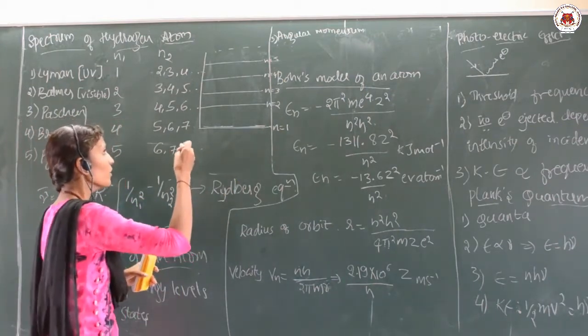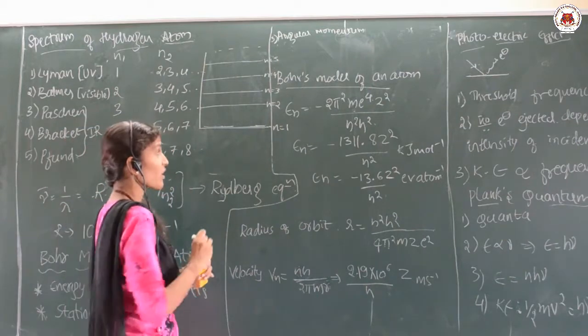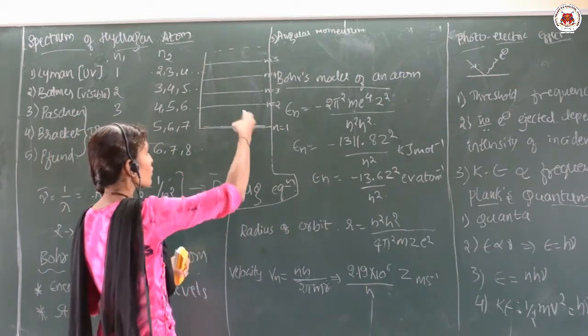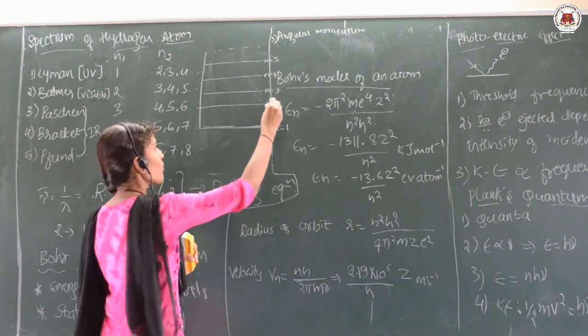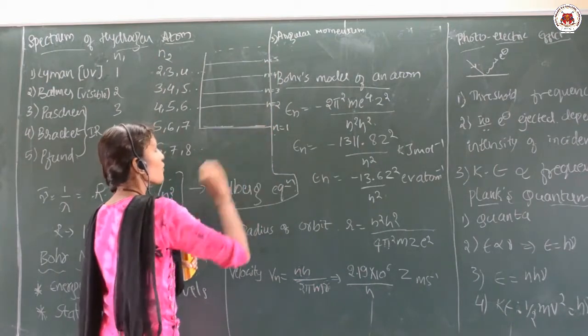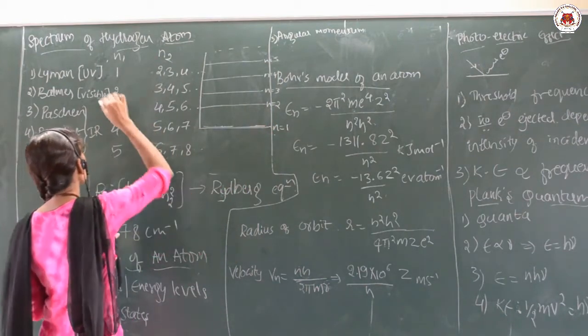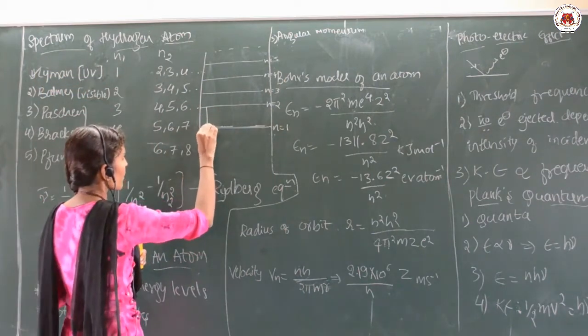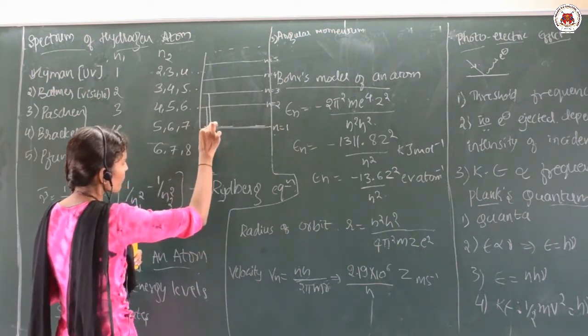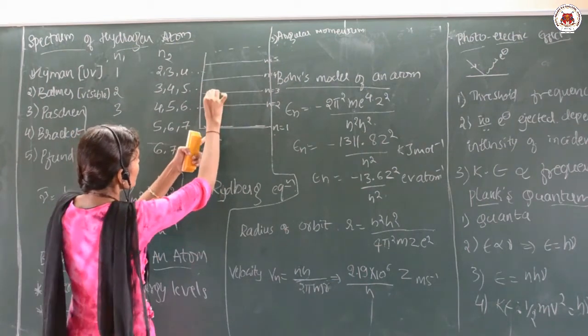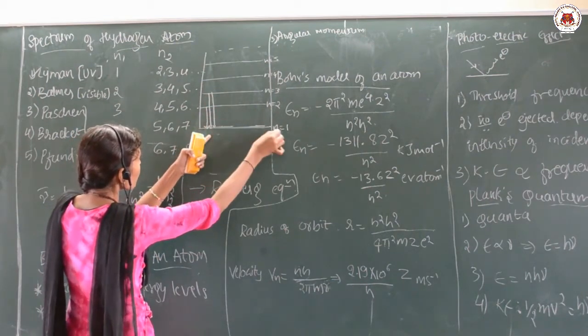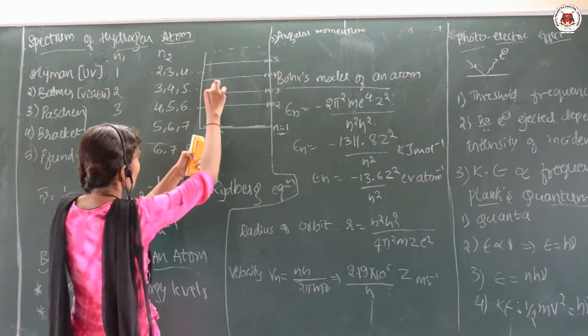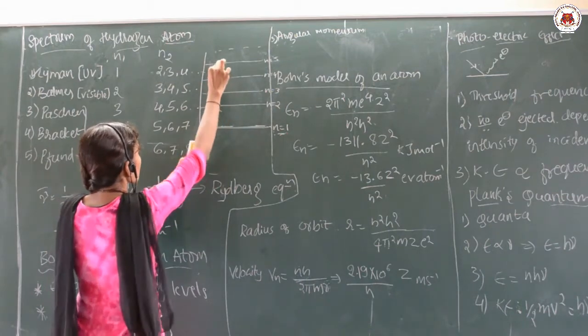Suppose the radiations are coming from a higher energy level to the first energy level; that will form the Lyman series. The radiations come to n equals 1, the first energy level, from the higher energy levels.